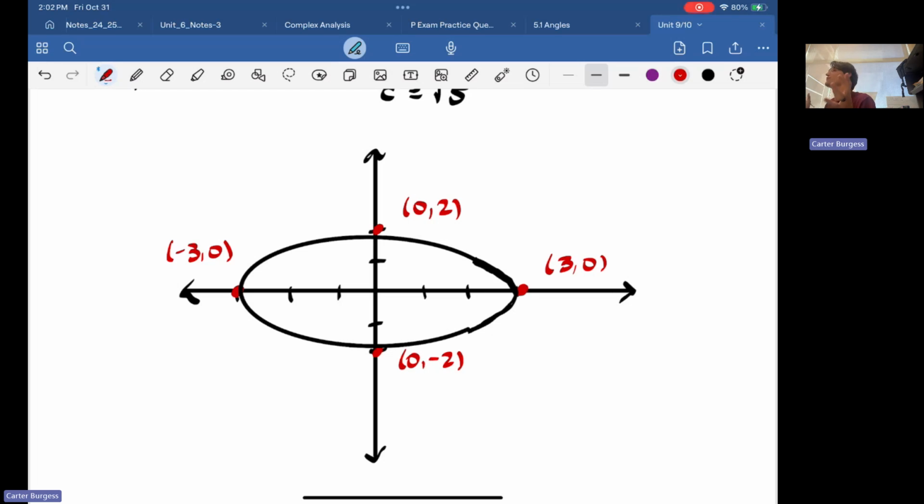No. So I'm just going to use the fact that it's probably slightly more than the square root of 4, so a little bit past 2. I get one focus here and one focus here. So my foci would be located at (root 5, 0) and (negative root 5, 0). And again, those aren't on the ellipse, but those are the points from which, if I do these distances, that sum is fixed and is equal to 2a.